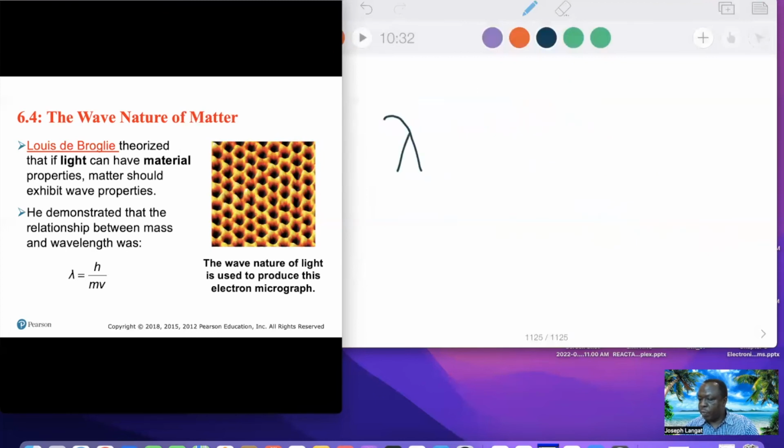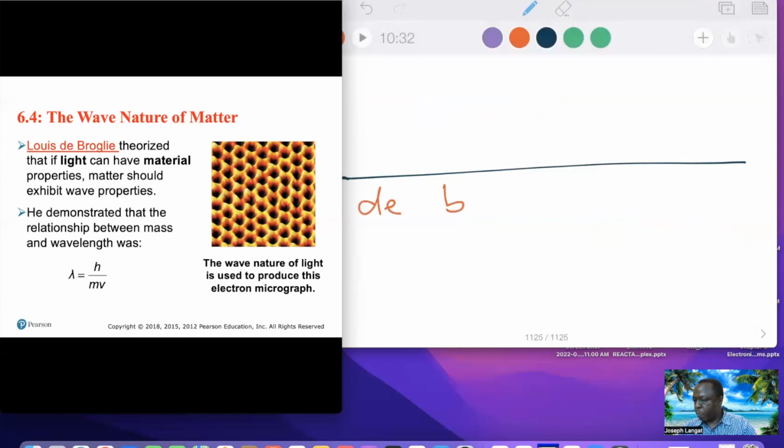Please don't confuse the two. Let me draw this parallel right here and be specific. You will see these two equations. Lambda equals c over frequency.